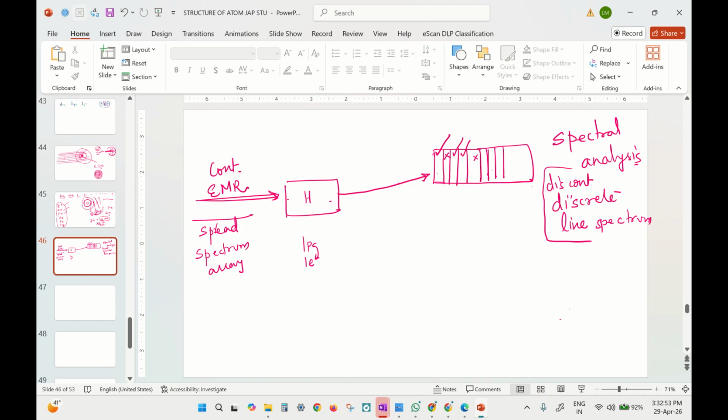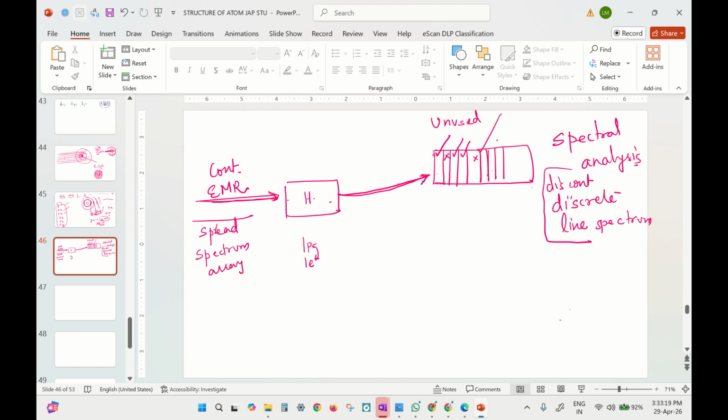When a continuous electromagnetic spectrum was fed into hydrogen atoms, a part of those electromagnetic radiations were immediately sent out because they were unused. You will not find these words in the text, but you will find the word unused.